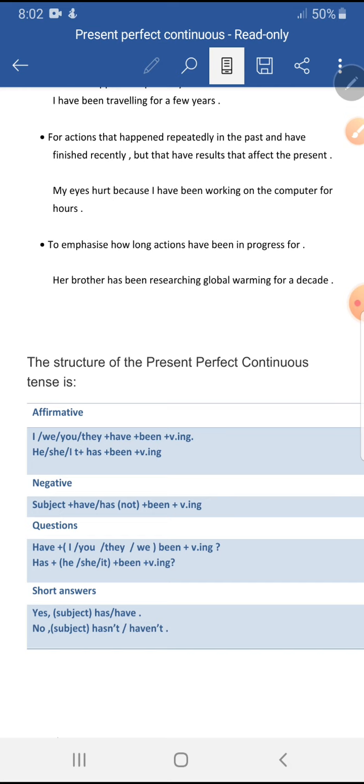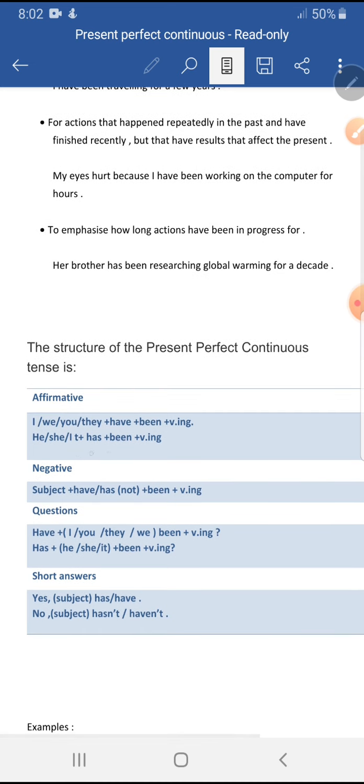Been, this is the past participle of the verb to be. So we add been plus verb with ing. And for he, she, it plus has plus been plus verb ing.